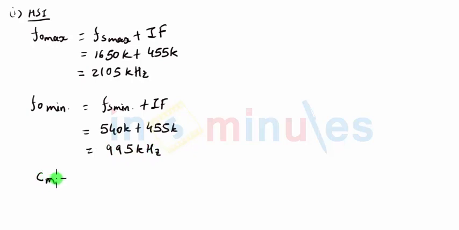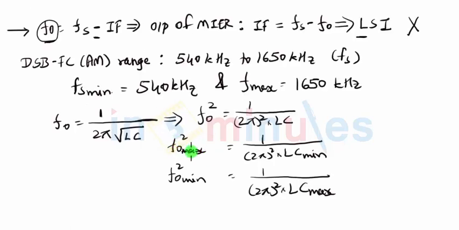Now if I find out the ratio of Cmax by Cmin required for the generation of FO in the local oscillator, then as we can see in the previous case, FO max square is inversely proportional to Cmin and FO min square is inversely proportional to Cmax.